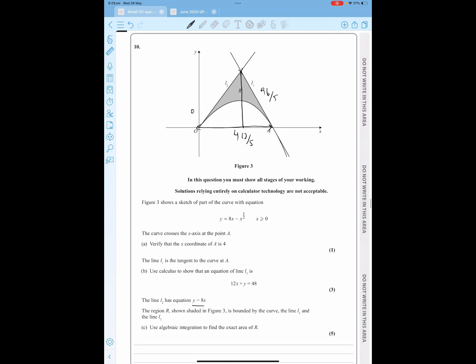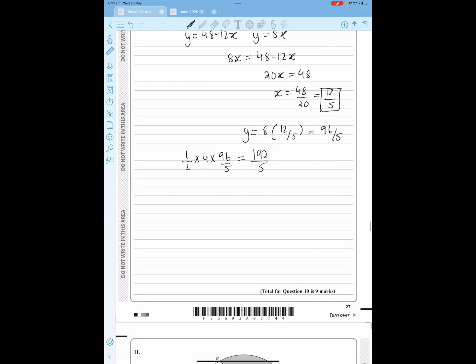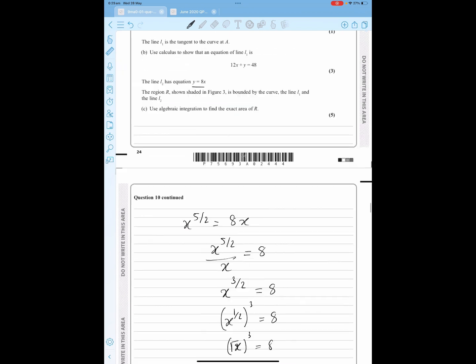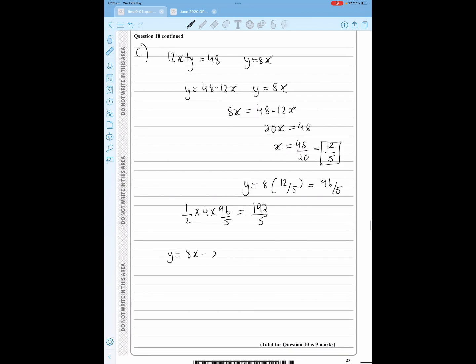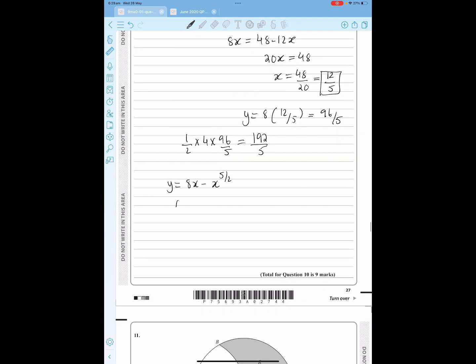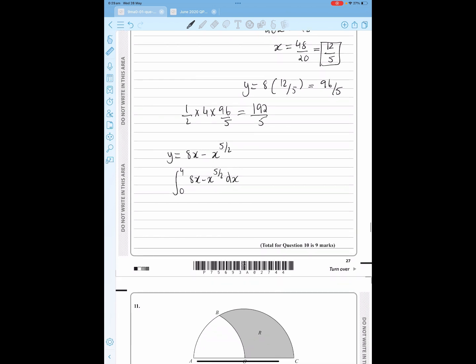Now let's do the integration between 0 and 4 of this curve. So y equals, wait, what was it? 8x minus x to the power of 5 over 2. Integral between 4 and 0 of 8x minus x to the power of 5 over 2 dx. Let's evaluate it. 8x squared over 2 minus x to the power of 7 over 2, divided by 7 over 2, evaluated between 4 and 0.